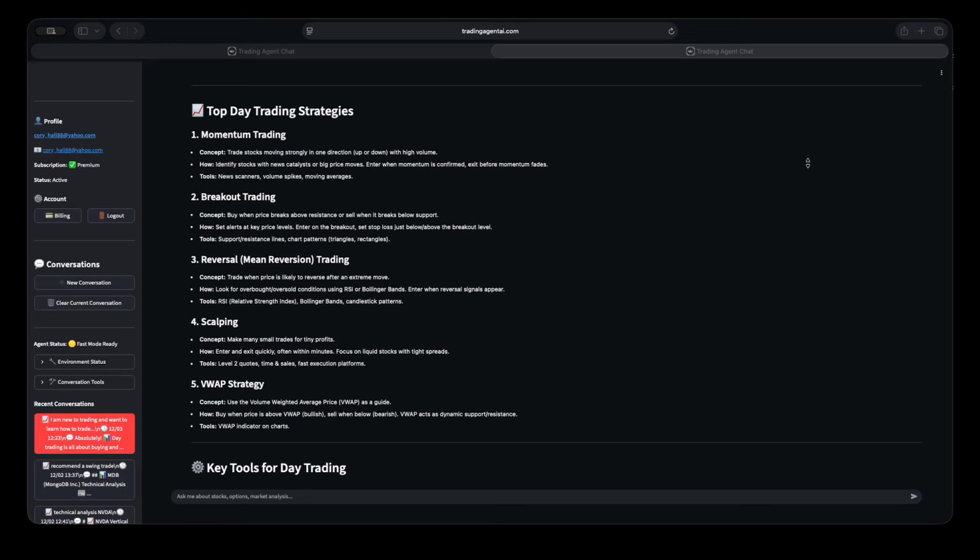And then what I'm going to look for is a setup like this, right? Where I want to get in when it closes above this level. And then hopefully it'll ride up just like that, and I can take some profits. In this case, that's a $30 gain.